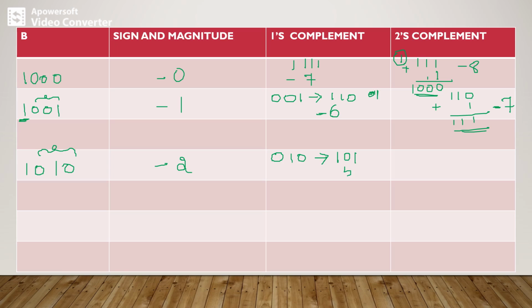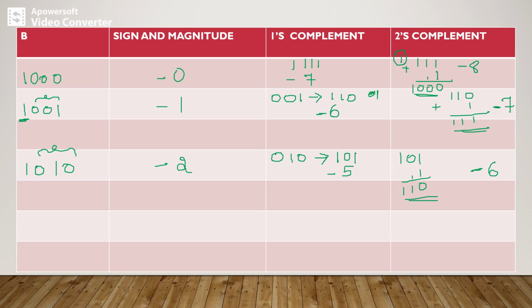So I'll get 5, with the sign preserved, minus 5. Now for the 2's complement representation, I'll take the magnitude 1, 0, 1 complemented plus 1, which gives 1, 1 plus 1 is 0, 1, 1. So I get the value 6 and I preserve the sign, that is minus 6.